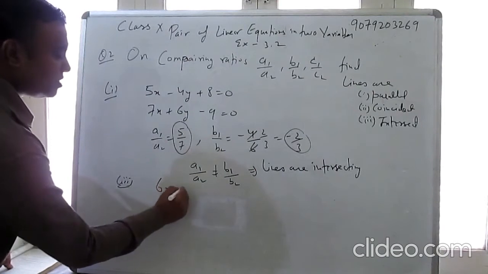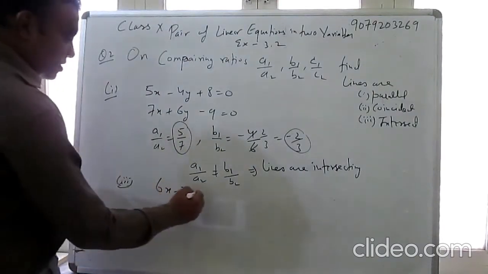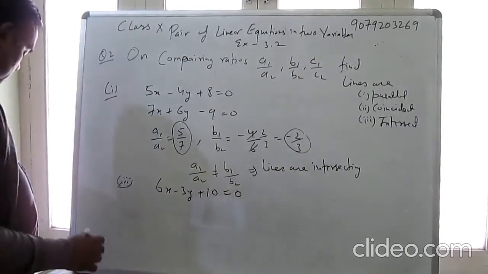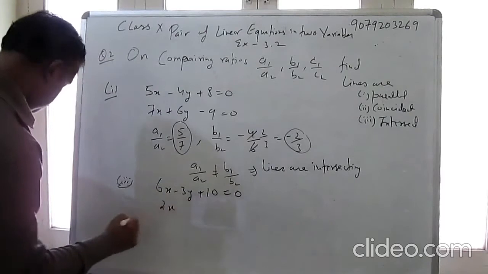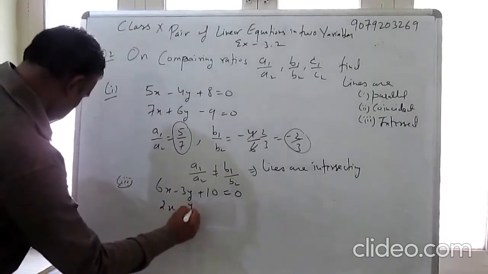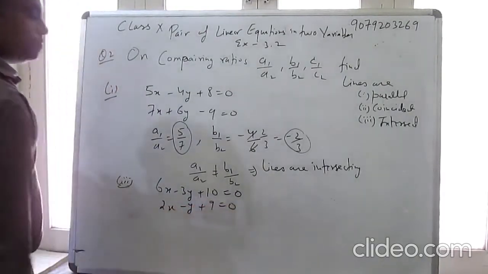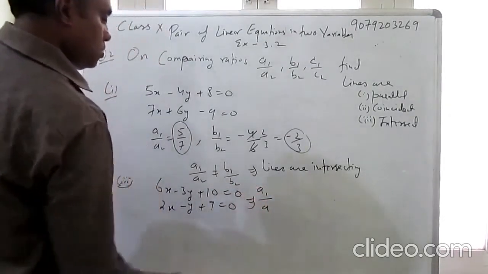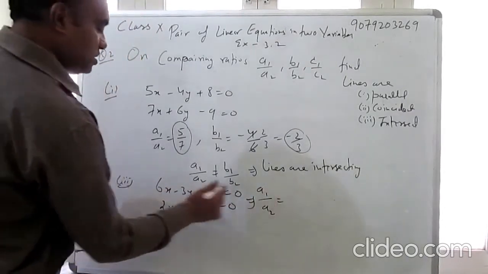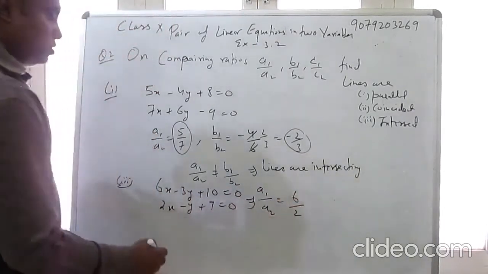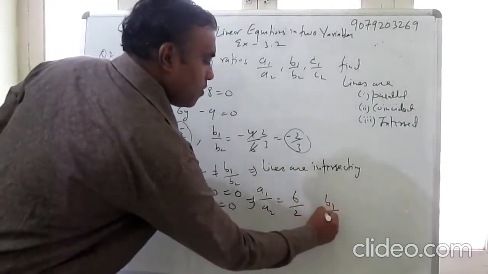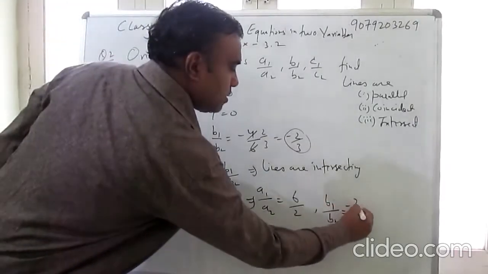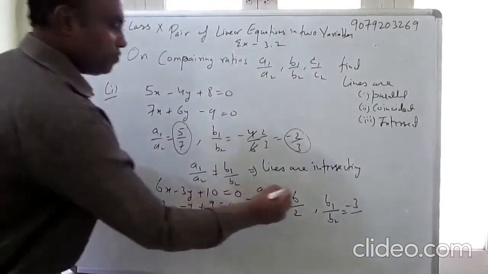Now we will take the third part. 6x minus 3y plus 10 is equal to 0. 2x minus y plus 9 is equal to 0. You see here A1 upon A2 equals, A1 is 6, A2 is 2 and B1 upon B2 is equal to minus 3 upon minus 1.